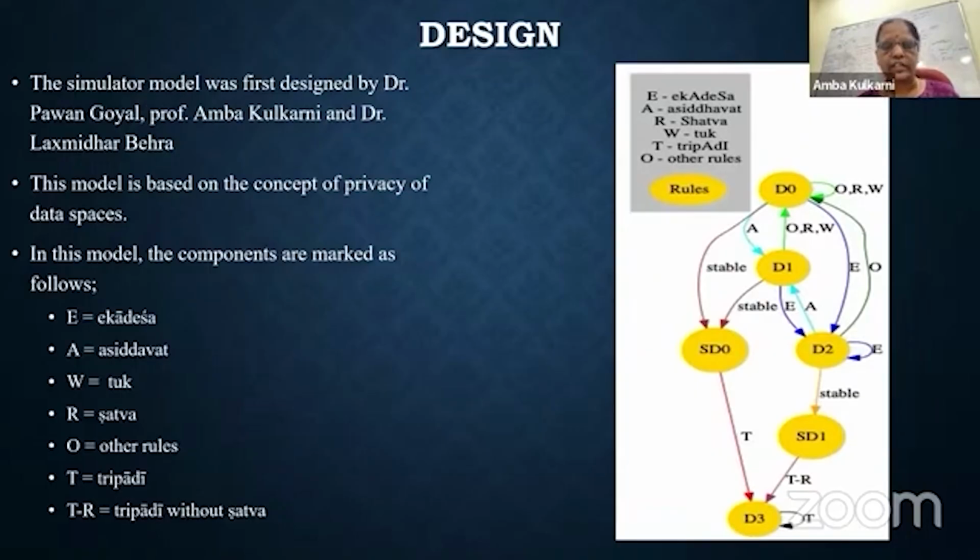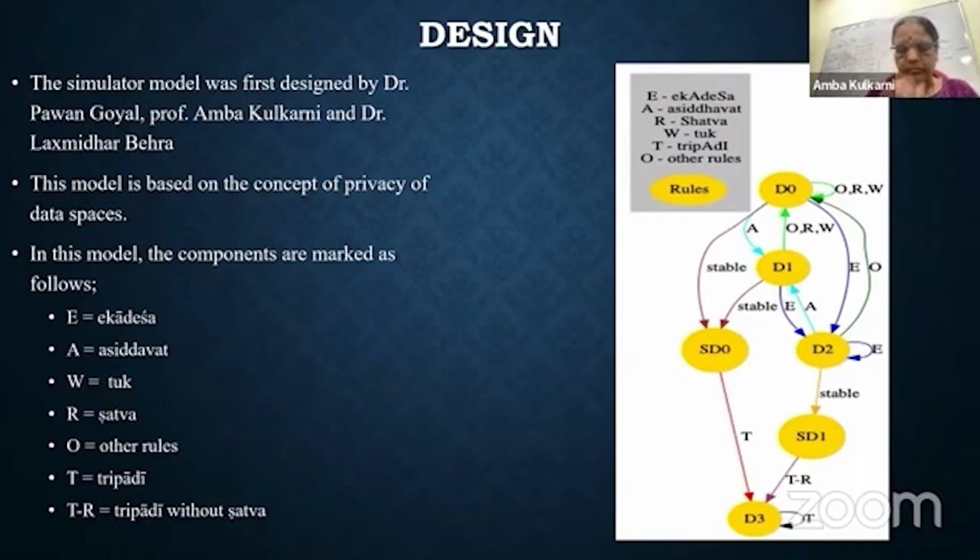D0 is a space which is visible to all the sutras, but D1 is a space which is not visible to the asiddha sutras from the Asiddhavat Prakarana, and D2 is the space which is not visible to the sutras from Shatva and Tuk, because Ekadesha is happening here. SD0 and SD1 are states: SD1 is visible to all the sutras after Ekadesha, and SD0 is visible to all the sutras once the Asiddhavat sutras are applied.